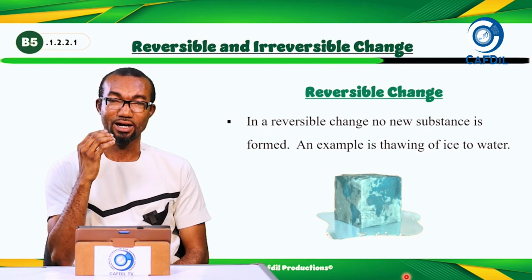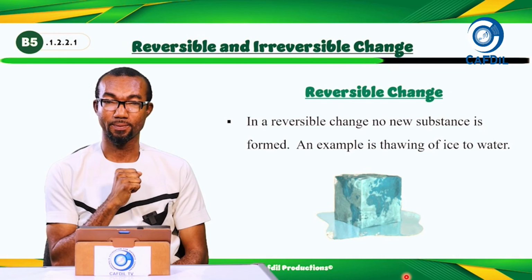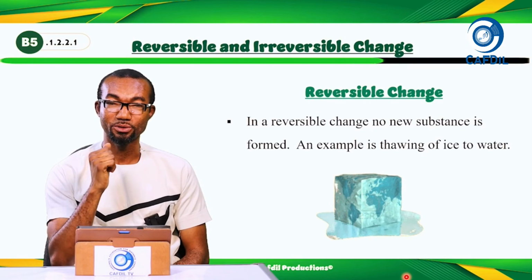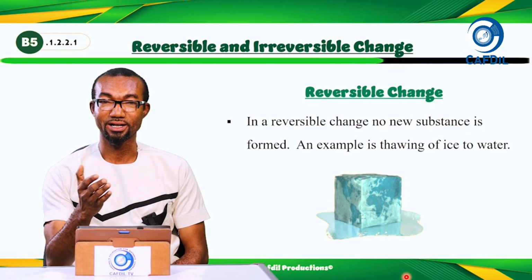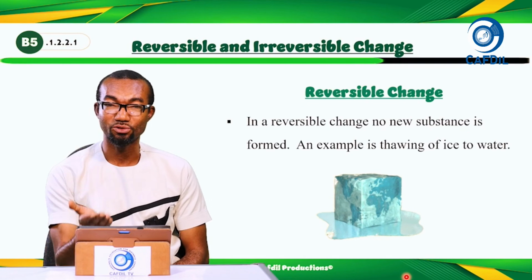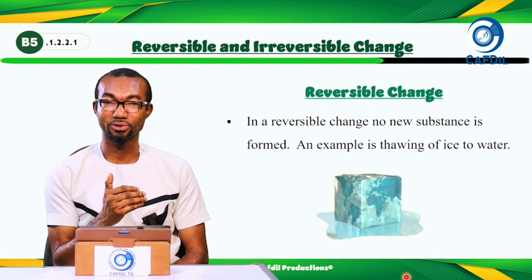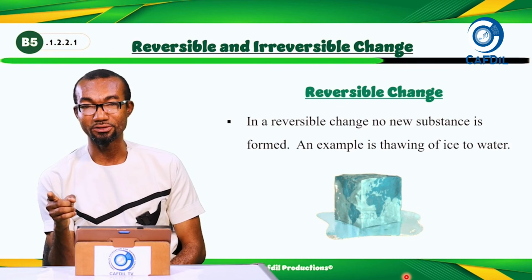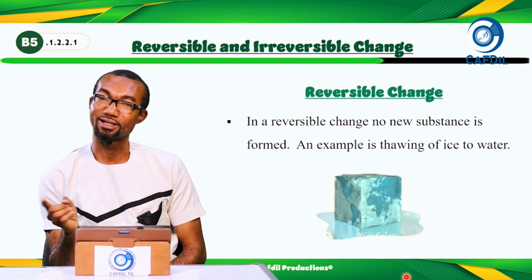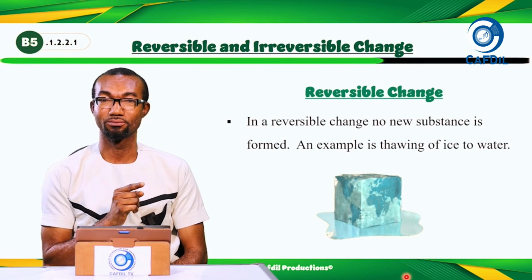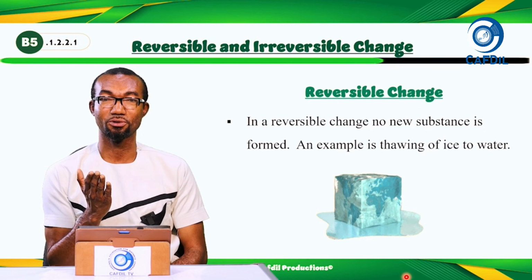Because I take an ice cream from the fridge, and maybe your mom calls you to send you out. By the time you come back, it has changed from solid to liquid. You can put it back into the freezer for it to freeze and become solid, and then you enjoy it in a solid form. So no new substance is formed.